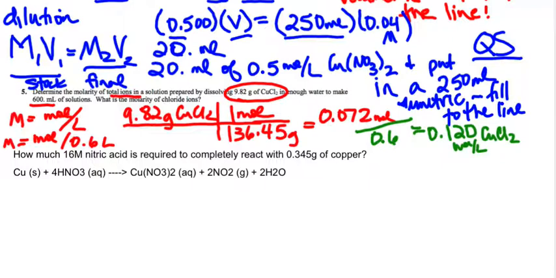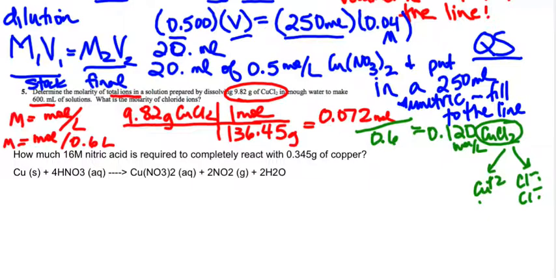Now I can ask you the question about the ions. How many ions does copper(II) chloride dissociate into? 3. 1 copper(II), and then 2 of these, right? So if this is the molarity of just that, what would the total molarity of those be? If I have a mole of cars, how many moles of tires do I have? 4.